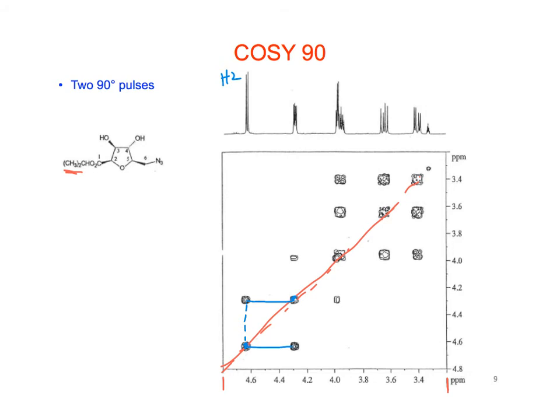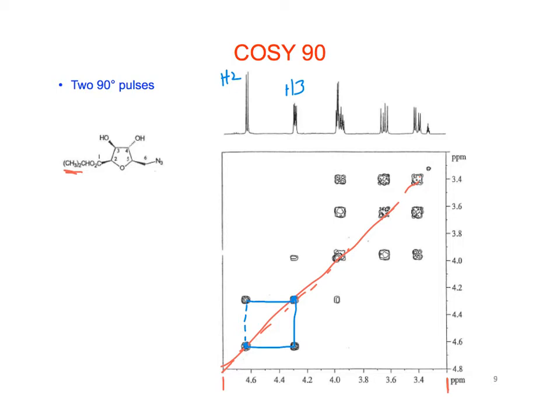We can go either way. And that tells us that the next proton over is H3, because that's showing us that those two protons are coupled with each other.